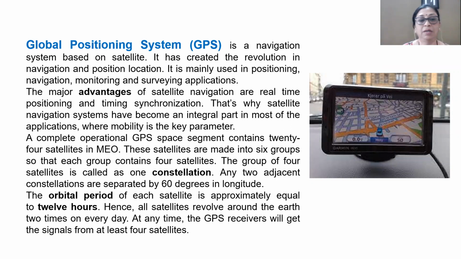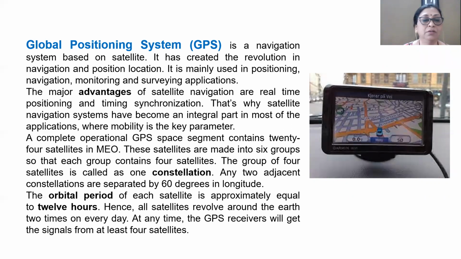There are three types of orbits: LEO, that is low Earth orbit, and HEO, that is higher Earth orbit. It depends on the distance from the sea level. Particularly this MEO satellite orbit, they revolve from 2000 kilometers to 35,000 kilometers above sea level.